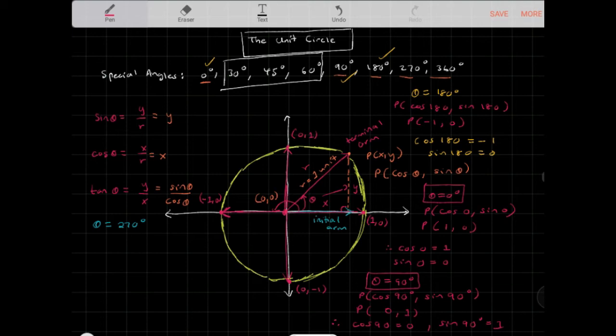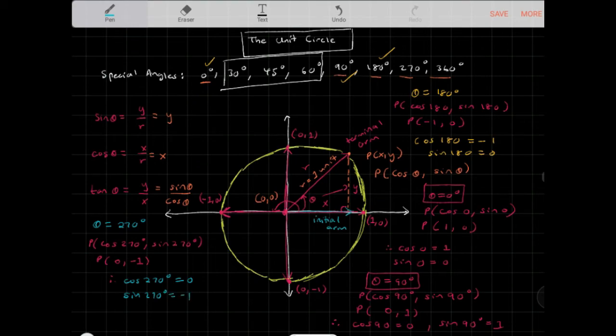If a terminal arm is located there, then the point equivalent here is cosine 270 degrees, sine 270 degrees, and this is equivalent to the point 0 and -1. So therefore, let's use blue here. Cosine 270 degrees is equal to 0, and sine 270 degrees is equal to -1.